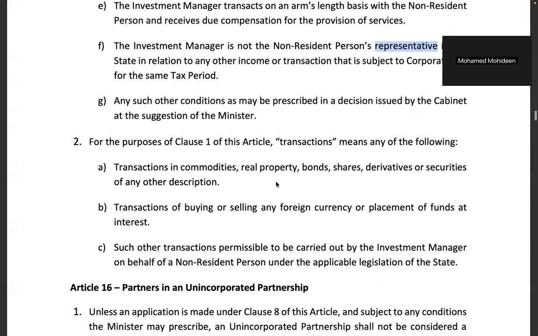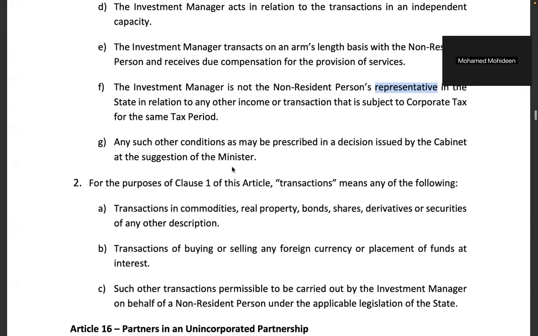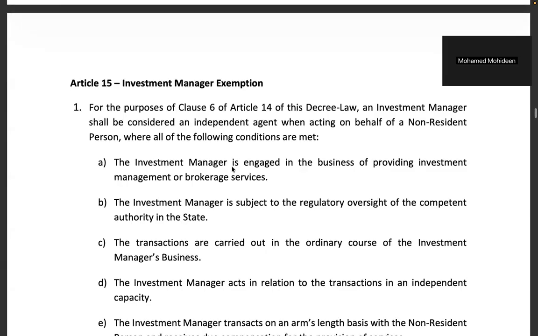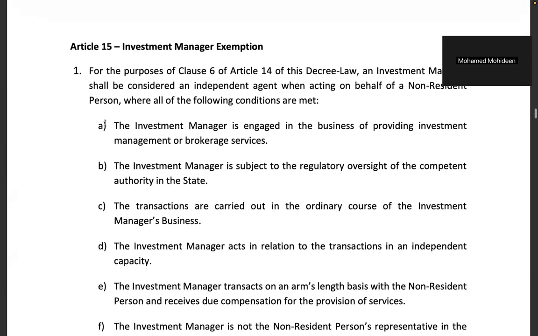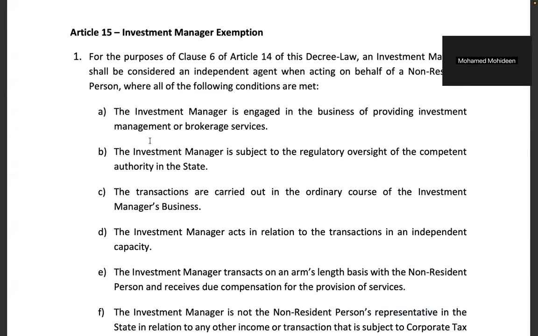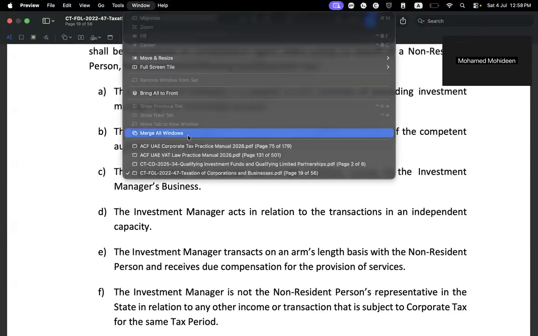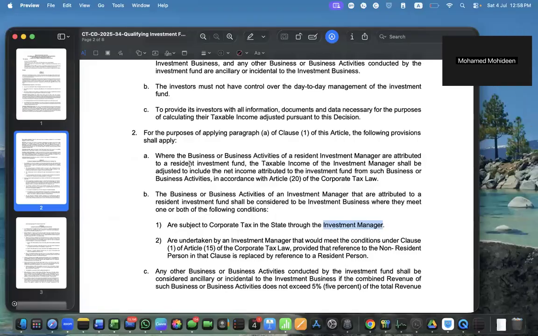Anyways, what we just read, and transactions also are defined later on, was basically the conditions that must be complied with so that the investment manager does not become a dependent agent permanent establishment of the non-resident person. Why were we reading this? We were refreshing our memory for the purposes of the investment manager exemption as to what it means in the corporate tax law of the UAE.